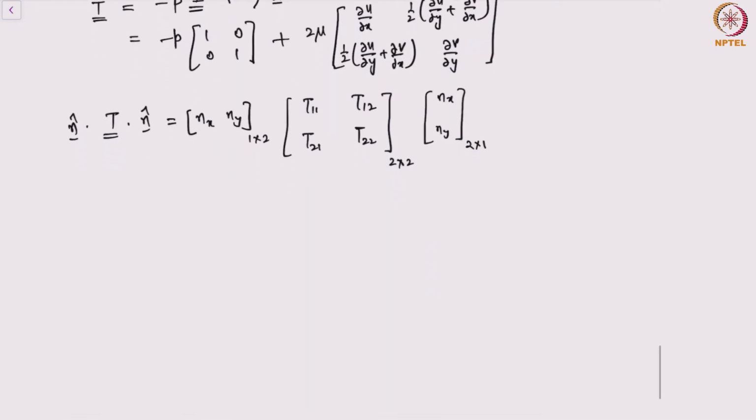I would like all of you to try out this expression yourself. The nx and ny are just the x and y components of the normal vector. And what do I have here?